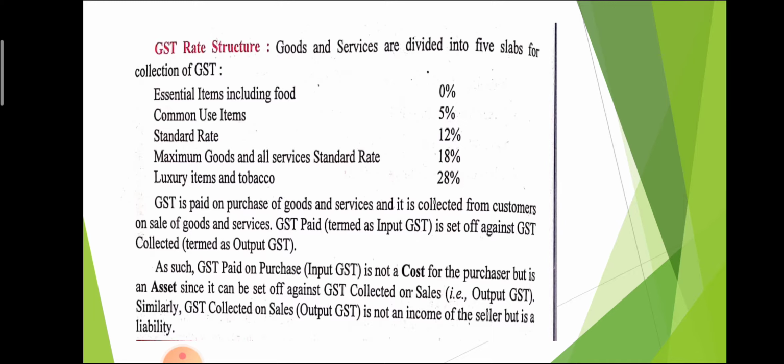It means input GST is calculated in the case of payment, and output GST is calculated at the time of income. So at the time of purchase we calculate input GST, and at the time of sale we calculate output GST, and the input GST is adjusted with the output GST.